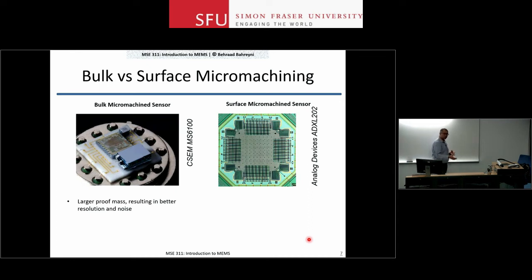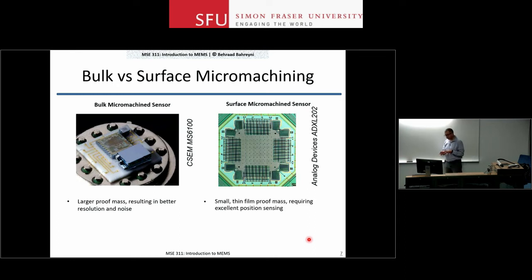When you do bulk micromachining, you have access to the entire substrate or a very large mass. What that gives you is a large proof mass, which means that you can have lower noise and more sensitivity. That mass portion is getting larger and larger, right? So you can have a lower noise device.